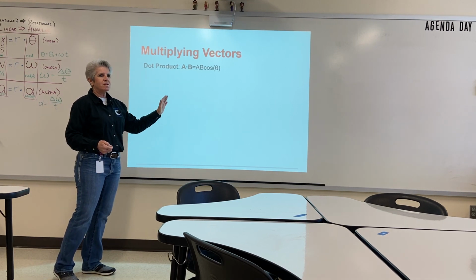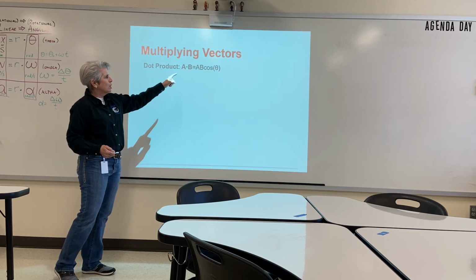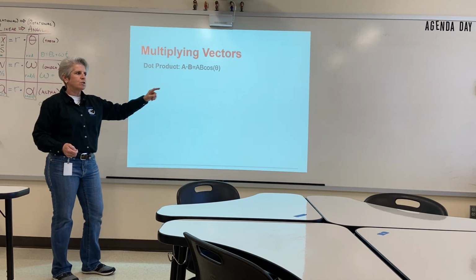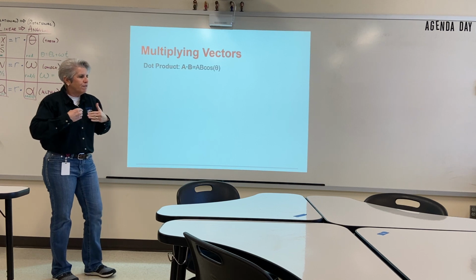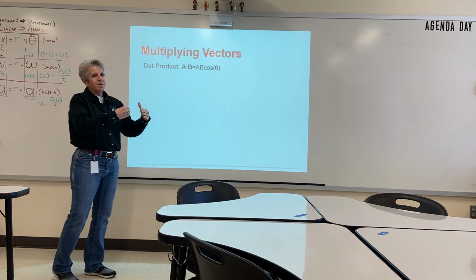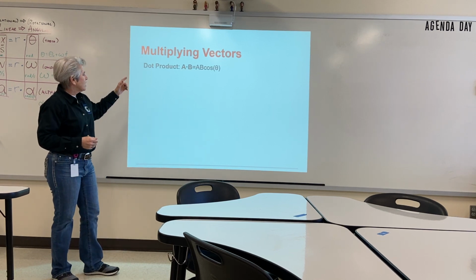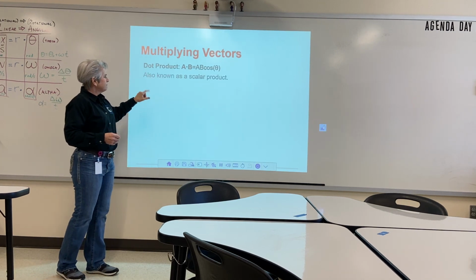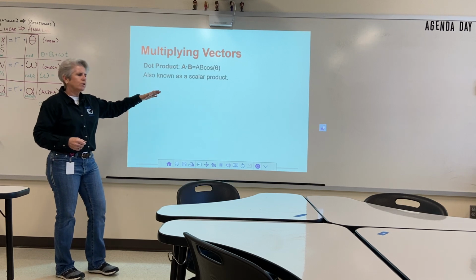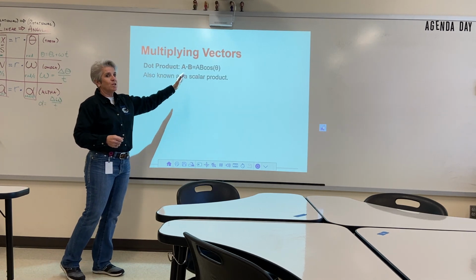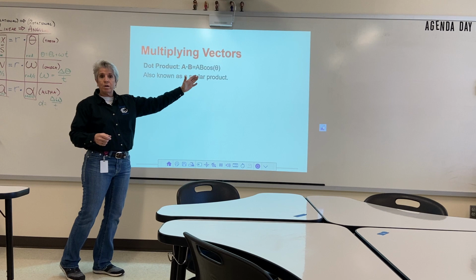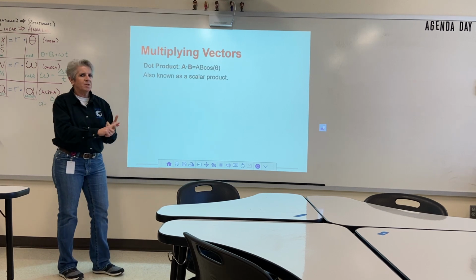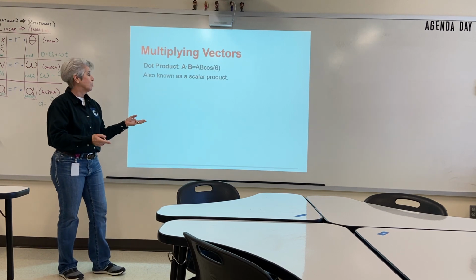Force times distance, and we want to use the cosine of the angle between those two vectors, because remember, when you're doing work, we need our force and our displacement to be in the same direction. So we say that dot product is AB cosine theta, and that gives us a scalar product, like force times distance times the cosine of the angle between them gives me work, right? Knowing that force and displacement are both vectors, but work is a scalar product.